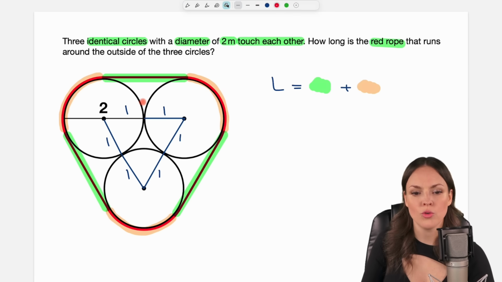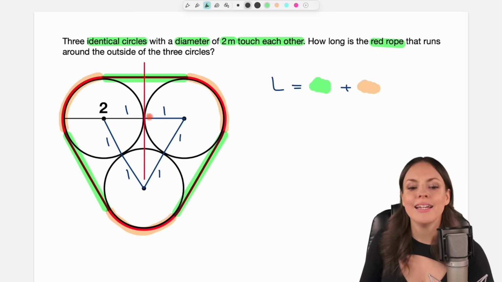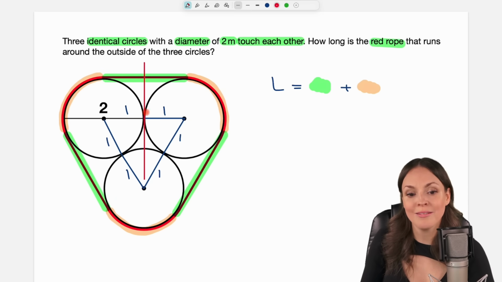If we want to draw the tangent line at this point, then this is the tangent line to the left circle. It touches my circle at this point, and it is also the tangent line of my right circle because it also touches my right circle at this point.